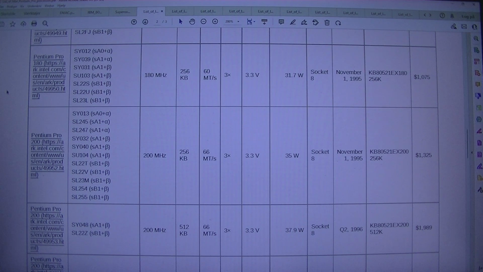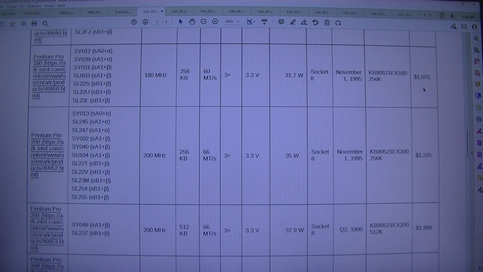SL23L, SB1 plus beta. 180 MHz, 256 KB, 60 MHz bus, multiplier 3, 3.3 V, 31.7 W, socket 8. November 1, 1995. 80521KX180256K.